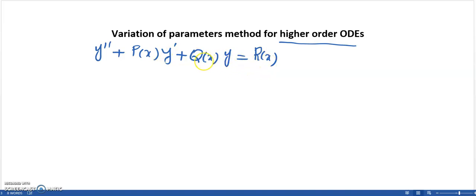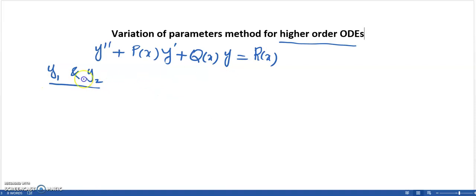So what was the method? First of all, we find the solution for the homogeneous case. For the homogeneous solution, we have the solutions y1 and y2, which we already know.